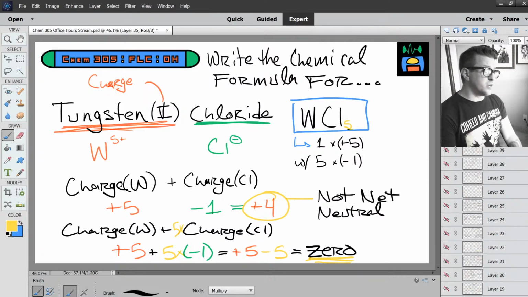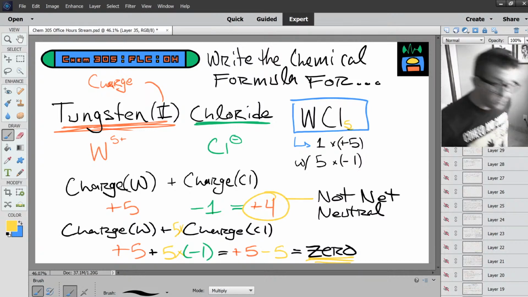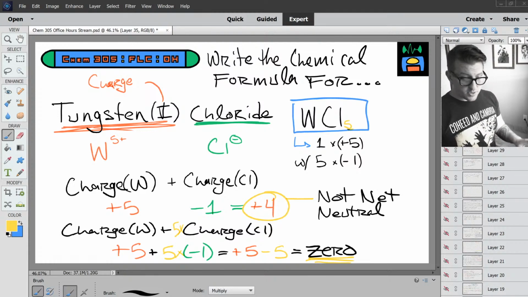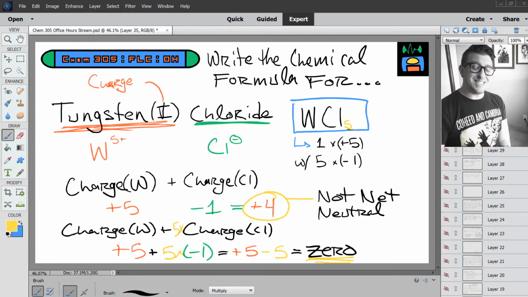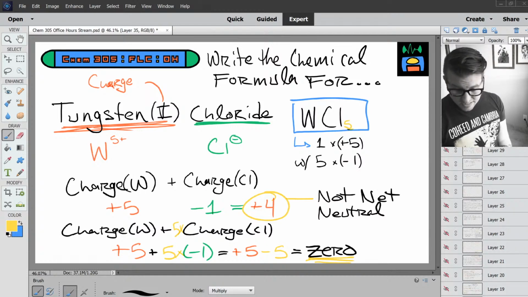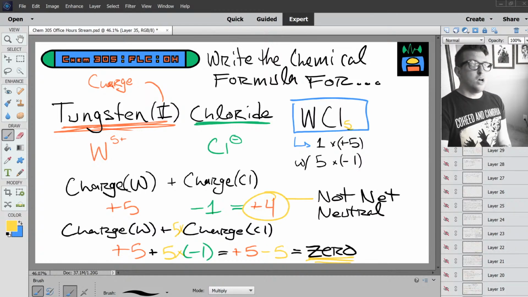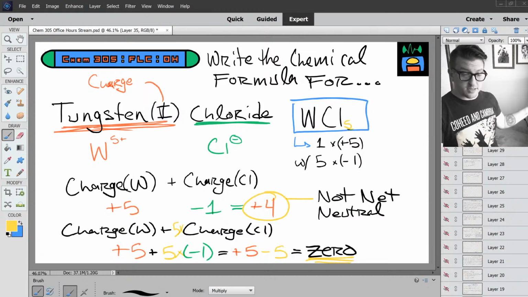Also, something that's super important to remember is literally you just learned this today, and what time is it? It's almost 6 o'clock. You've literally been doing chemistry for 4.5 hours right now. Just solid, straight.